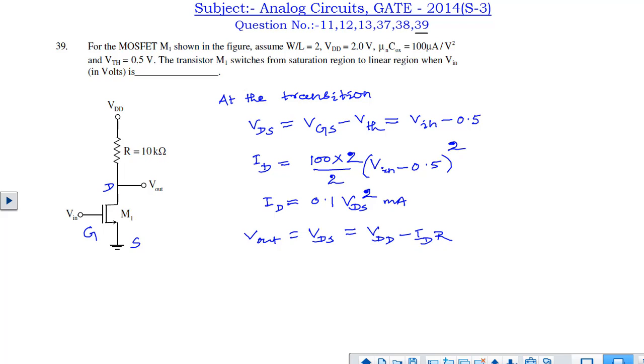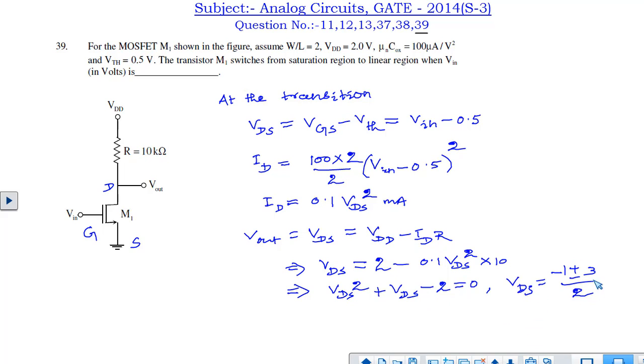If we substitute this ID here, we will get a quadratic equation in VDS. If we solve, we will have two values of VDS, one negative and another positive. For this question, VDS has to be positive. So if we take the positive value, it will be 3 minus 1, which is 2 by 2, equal to 1 volt. So VDS has to be 1 volt.